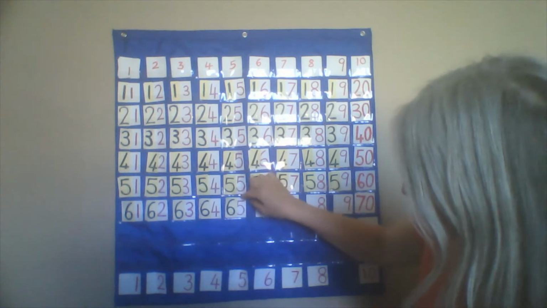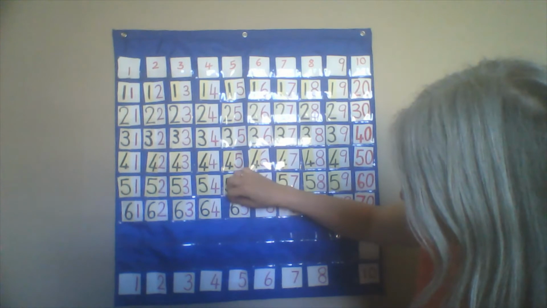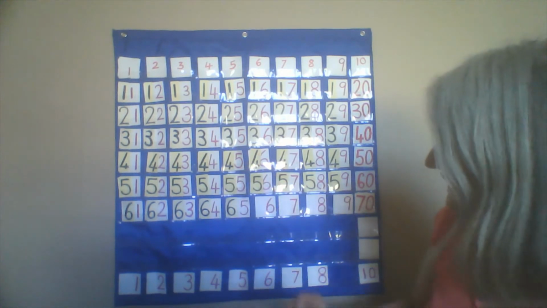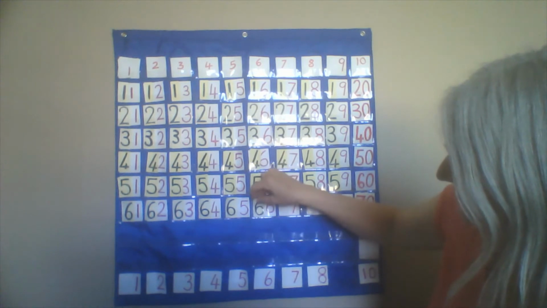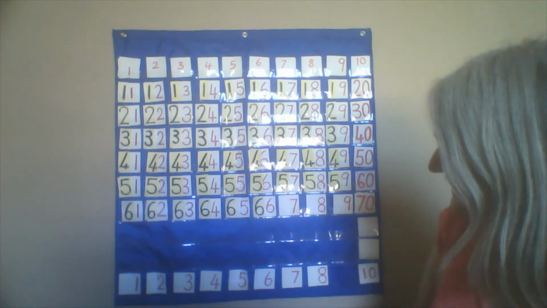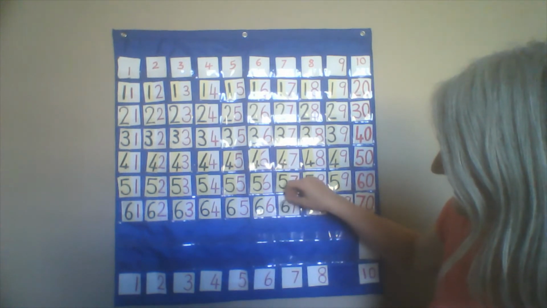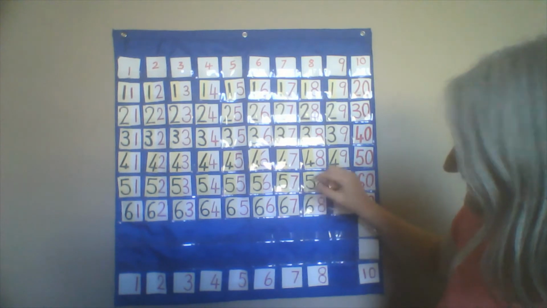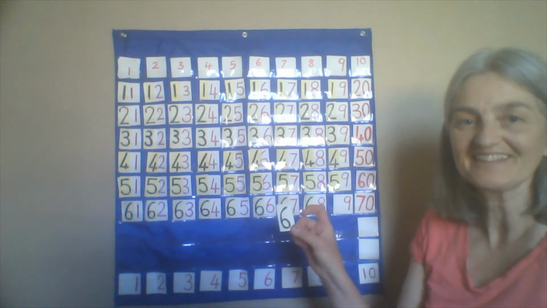Move over 5, we want to see you. There we go. 65, 60. Ooh, what's that one? 66, 67, 68, 69.